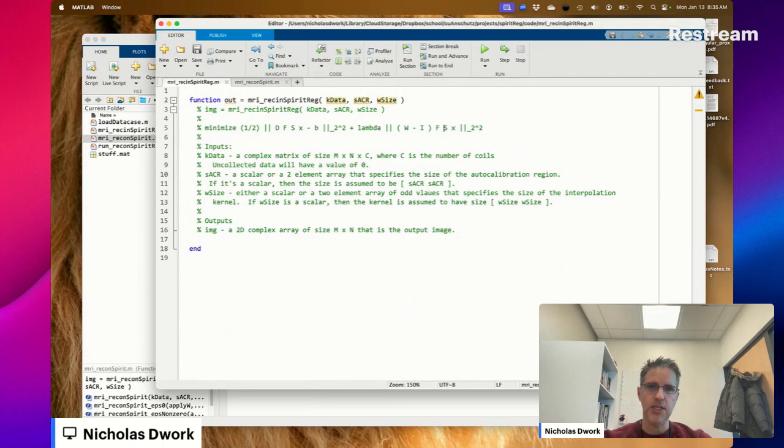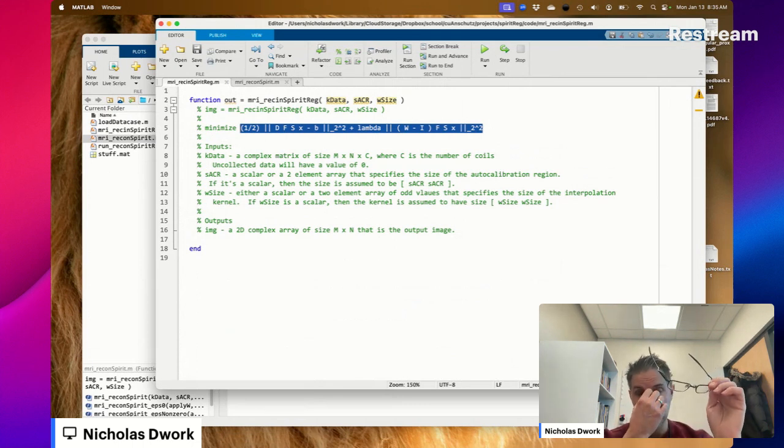If we take the image, multiply by the sensitivity maps, and then take the Fourier transform of each sensitized image, we get the k-space locations for all the coils. One thing I hadn't realized before, but it is obvious now, this is a least squares problem, though it's a little hidden.